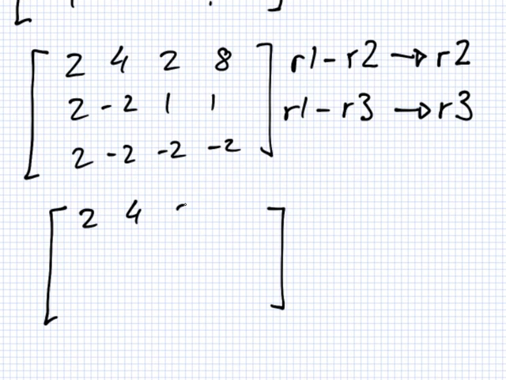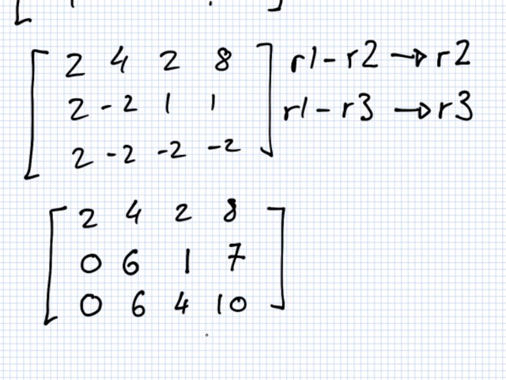2, 4, 2, 8. Okay, 1 minus 2. 0, 6, 1, 7. And then row 1 minus 3. 0, 6, 4, 10. Great.